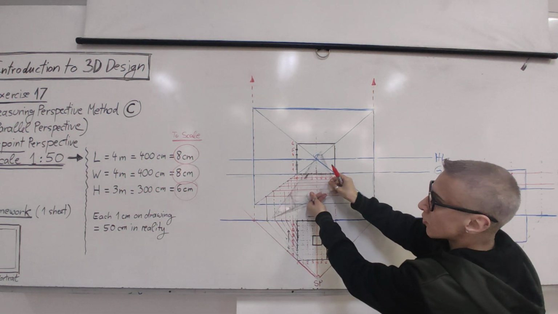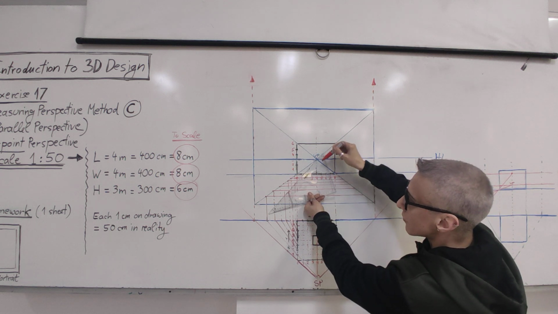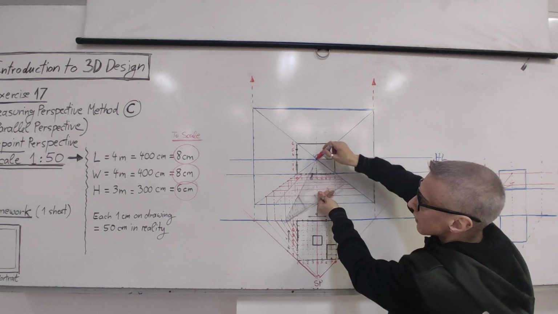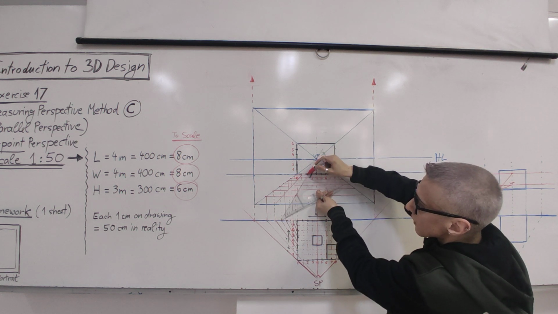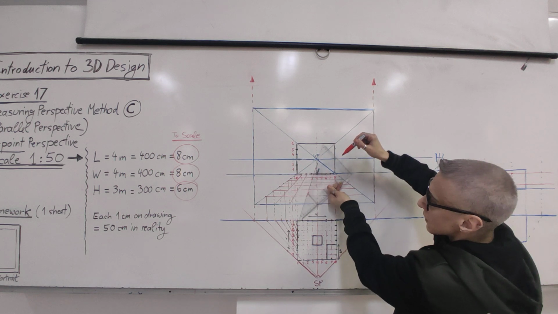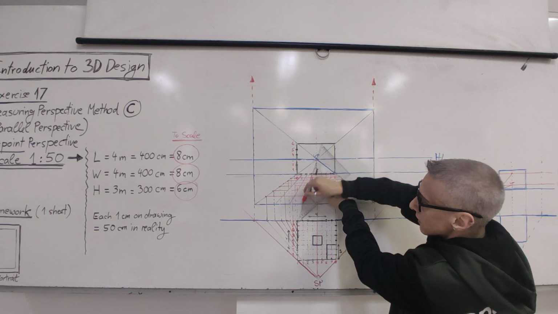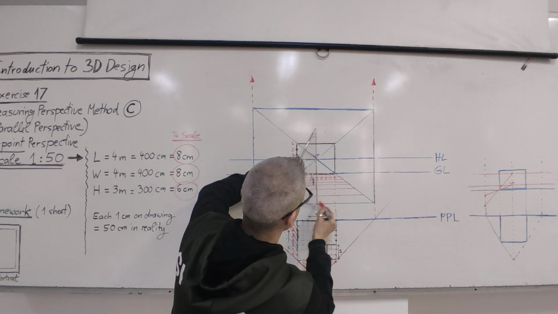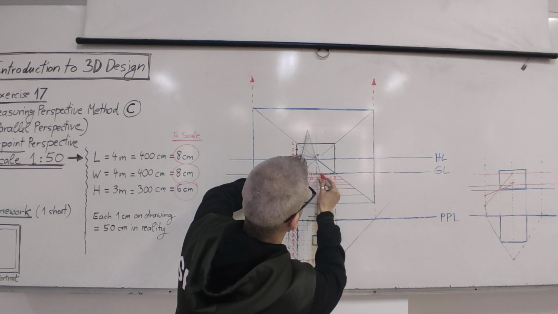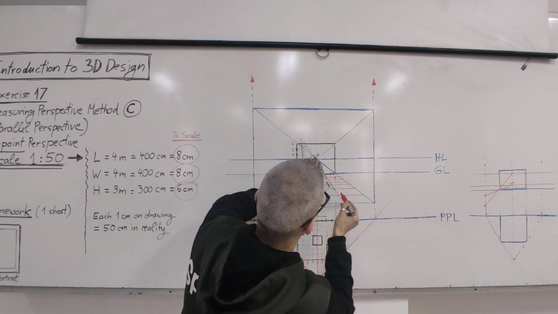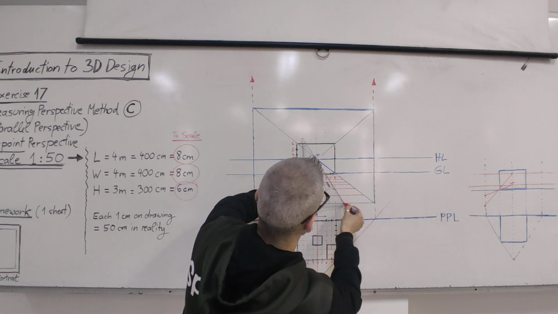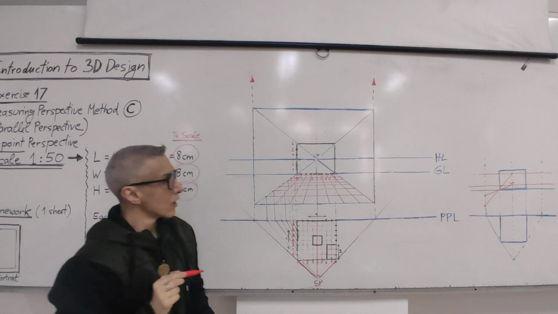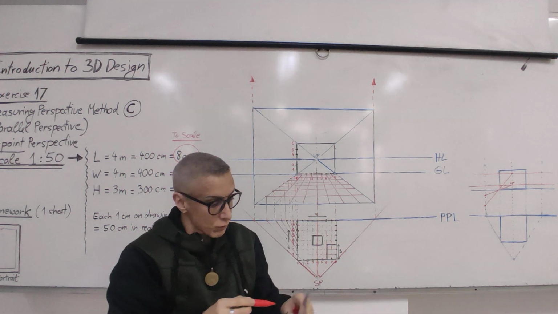So from the vanishing point, through each of these points, we take lines now. So these now are complete, the tiles of the room.